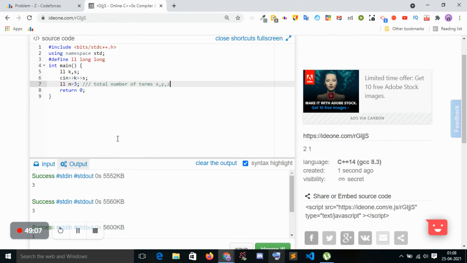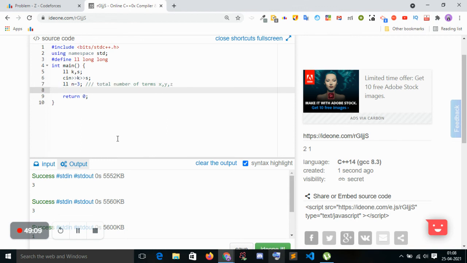Okay, 3 terms are there. And I take other variables, like x equal to 0, y equal to 0, z equal to 0.